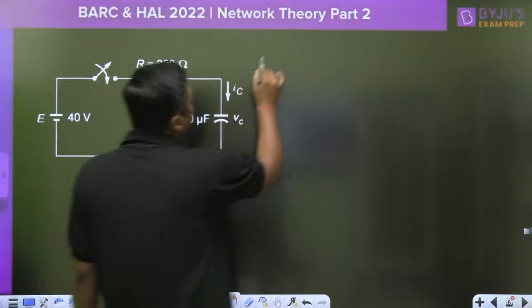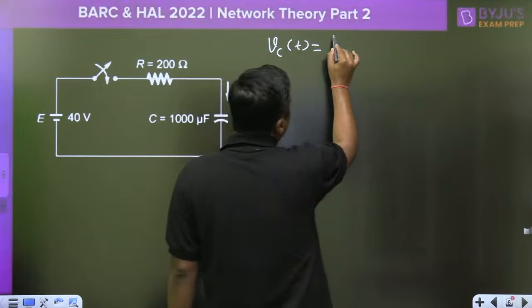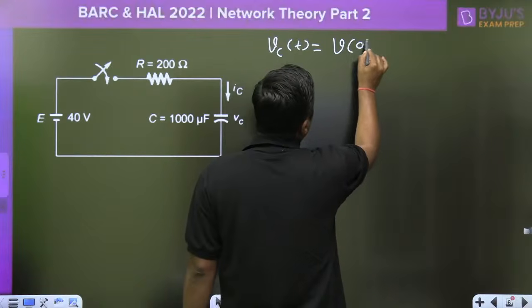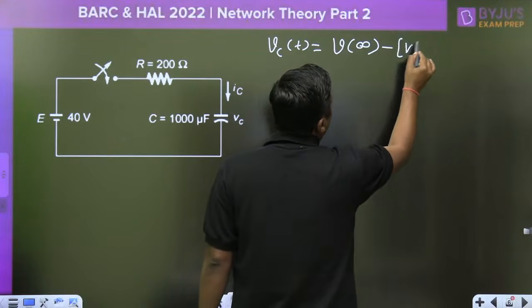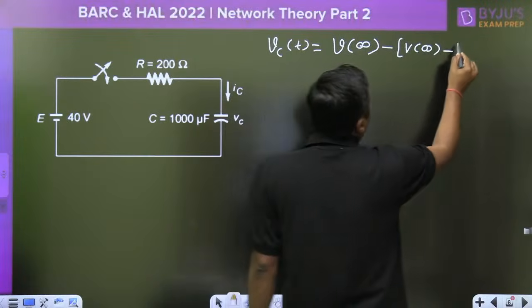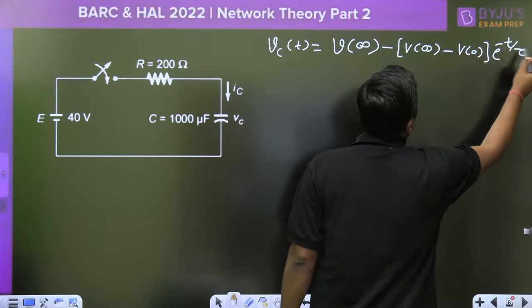Simply always remember, new students, the formula: VC(t), which is a function of time, is given by V final, that is the value at t equal to infinite, minus (V final minus V0) e raised to power minus t by tau.